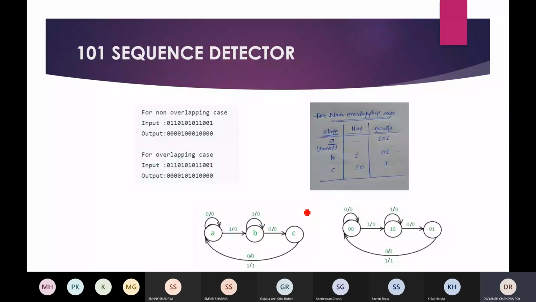Is it visible? Yes, Bhaiya. Okay, so you have a doubt in this diagram. Sandeepan, you can see the chat box and then tell me. Or Sai, you can also do the same. Yes, Bhaiya, I guess that one.